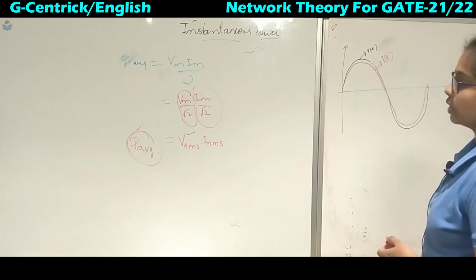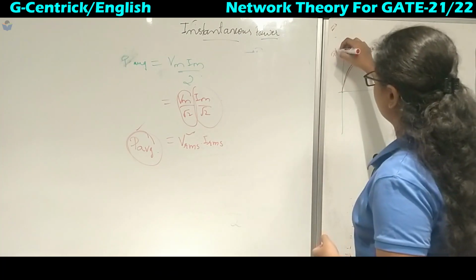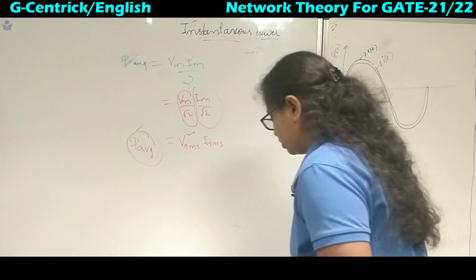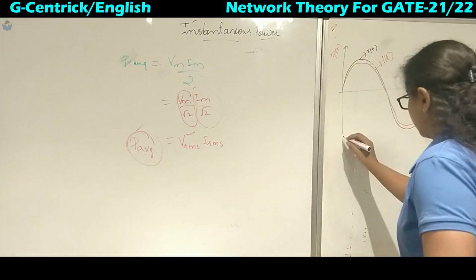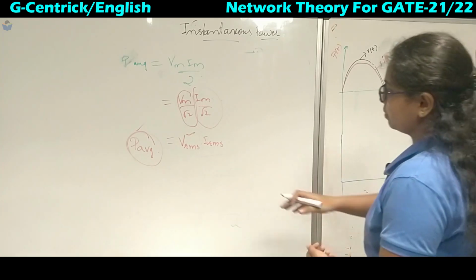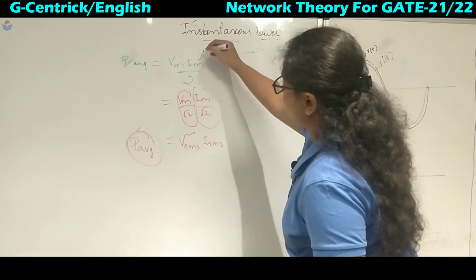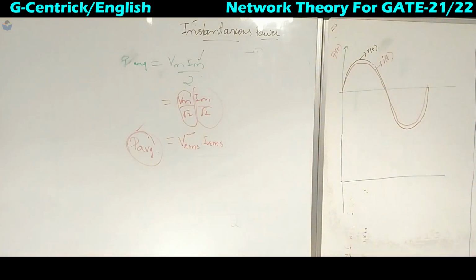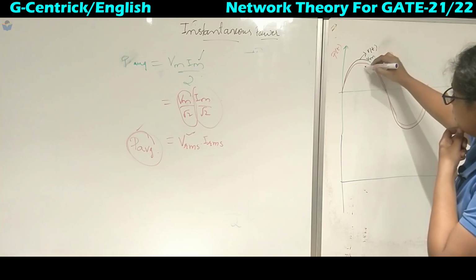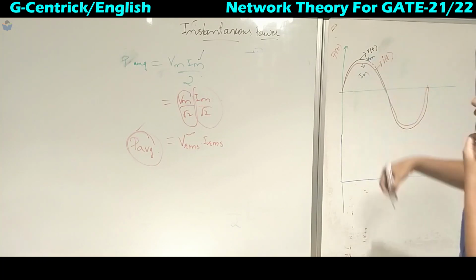Now this is nothing but the instantaneous power value. We will take the Vrms and Irms, that is, first we will multiply Vm into Im. This is the magnitude Vm and this I has the magnitude Im.